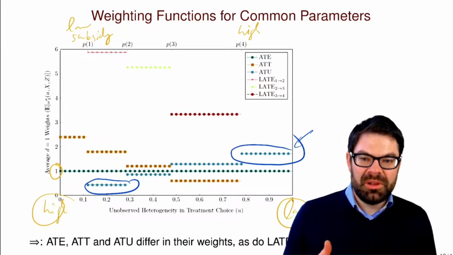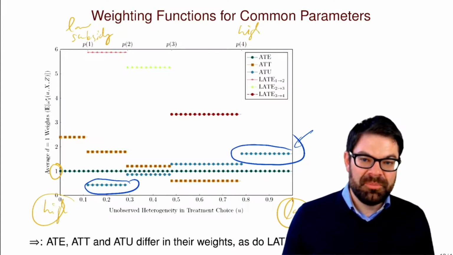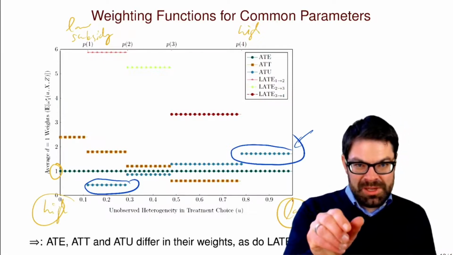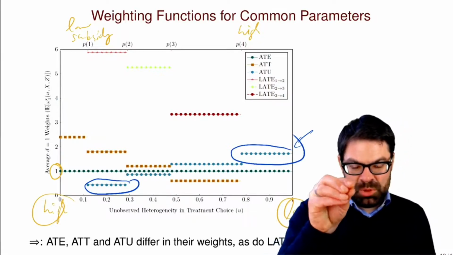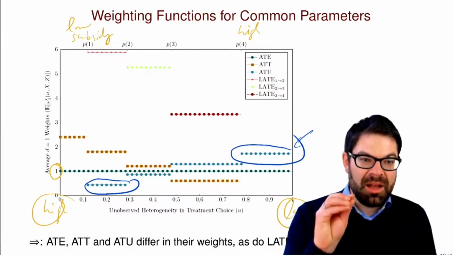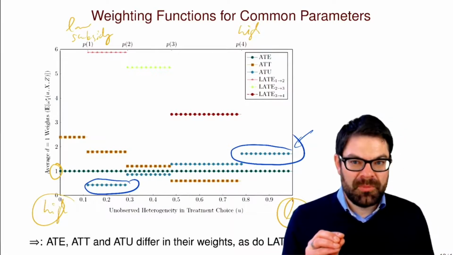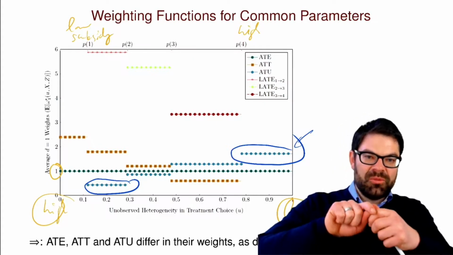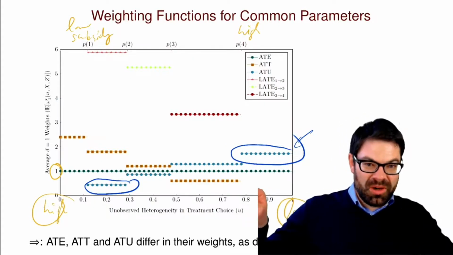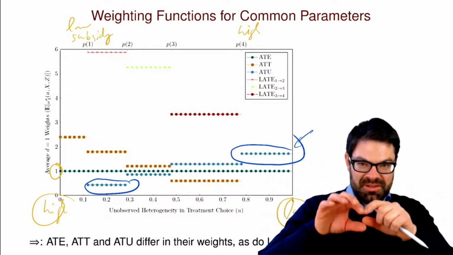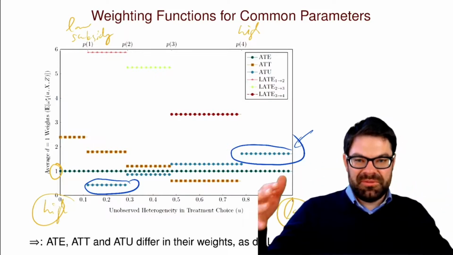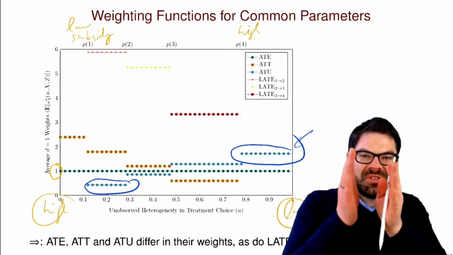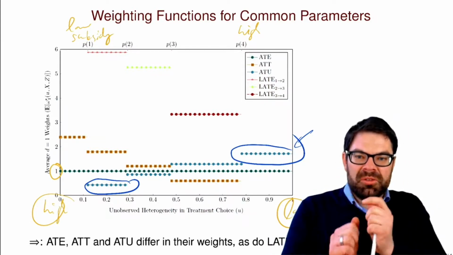And then comes the local average treatment effect here, which, remember, only shifts a couple of people into or out of treatment. And so rather than covering the whole support of the x-axis, the likelihood of selecting into treatment, it only covers an ever so small range.